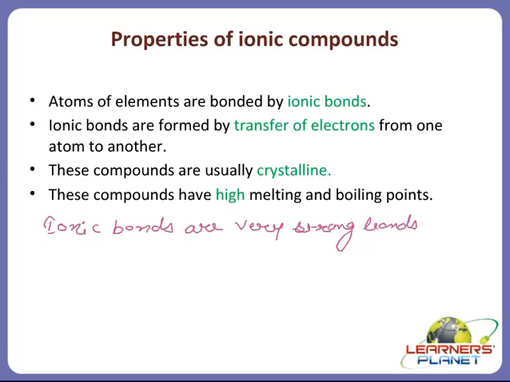Clear, children? So your covalent compounds have what? They have low melting and boiling points, whereas ionic compounds have what? They have high melting and boiling points. Why? Because the ionic bonds are very strong bonds.